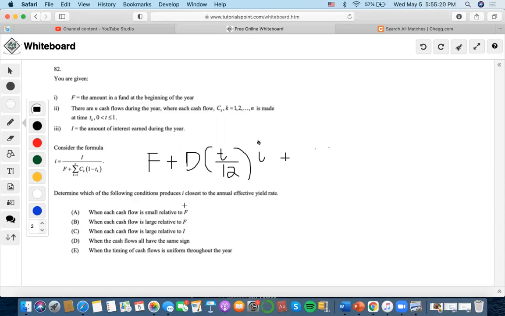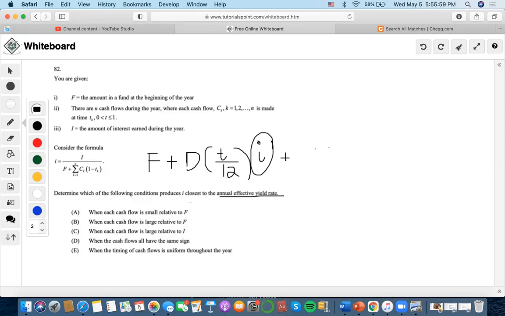So now they're saying determine which of the following conditions produces I closest to the annual effective yield rate, right? So they give us all of these sorts of things. What I've noticed here is that they're talking about the annual effective yield rate that we usually multiply to each deposit or withdrawal.